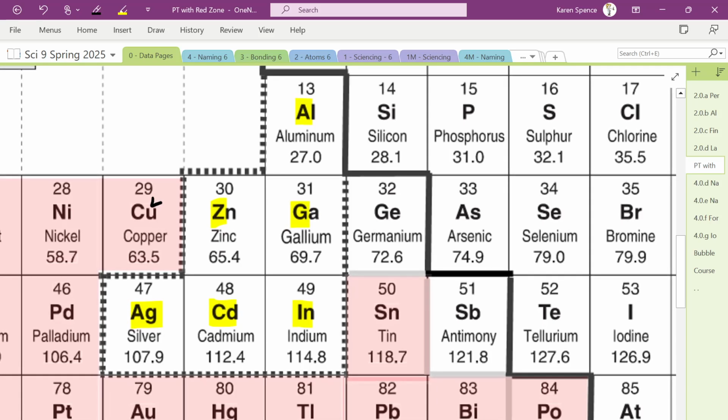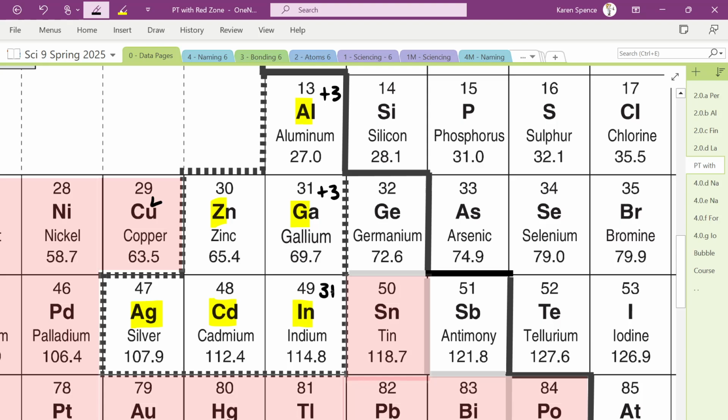Anyone want to guess what the charge of Al, Ga, and In is? It's easy to remember. +3, because there's 3 of them. Yeah? We got 1 of them, +3, 2, +3, 3, +3, or 3+.